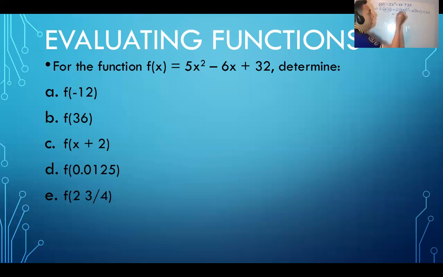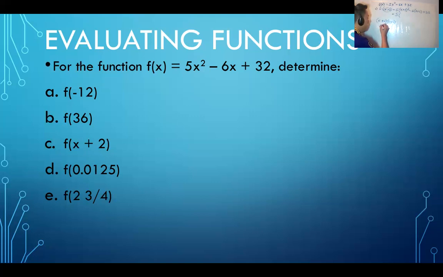Okay? Again, we will do this one first. I will copy 5 here, and then we need to expand x plus 2 squared. That means we will use the FOIL method. So x plus 2 multiplied by x plus 2 since we have squared. F-O-I-L.